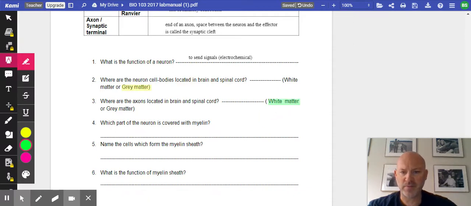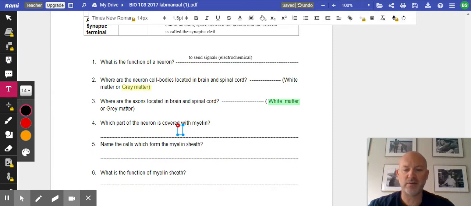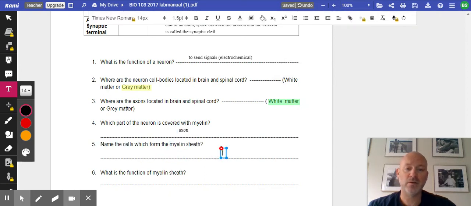So let's do that. What part of the neuron is covered with myelin? Well, of course, that's the axon. And name the cells that form the myelin sheath. Well, these are the Schwann cells.